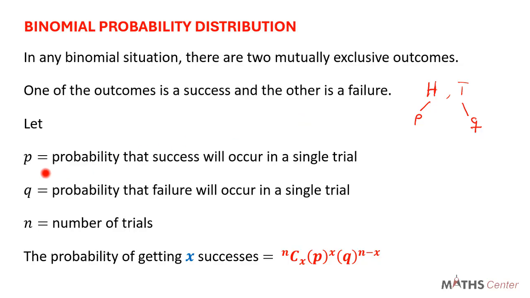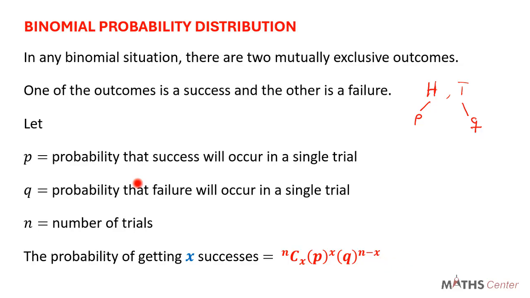If P is the probability of getting success in a single trial, and Q is the probability of getting failure in a single trial, and N is the number of times that the trial was repeated, or the number of trials, then the probability of getting X number of successes will be given by N combination X, P exponent X, Q exponent N minus X.